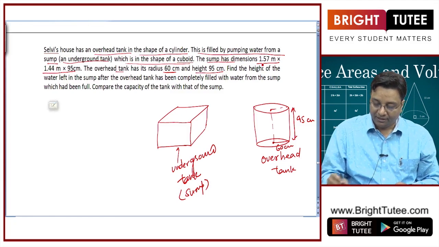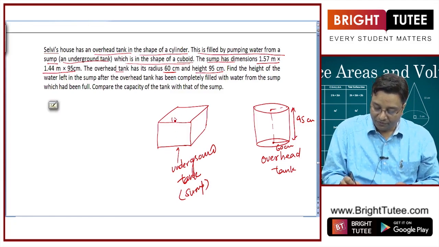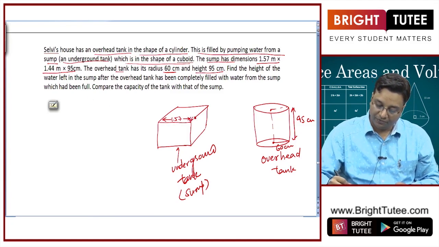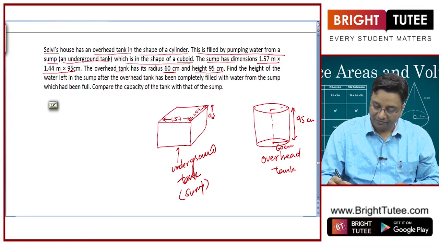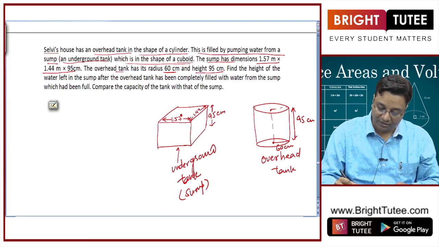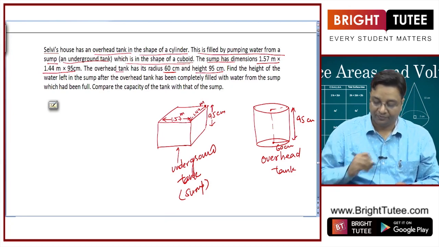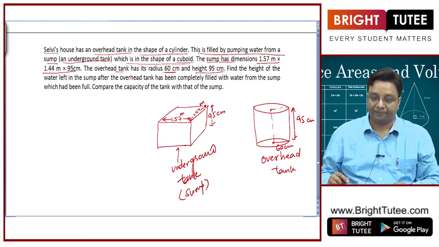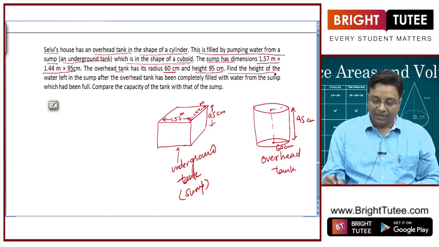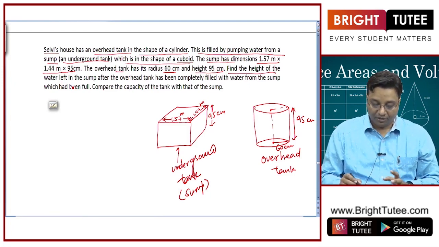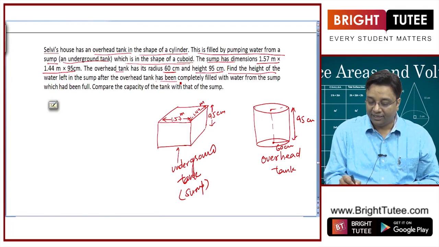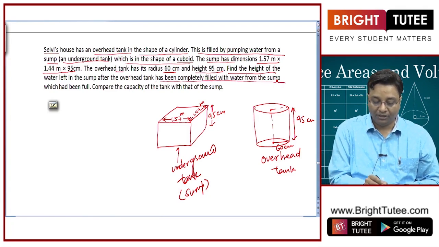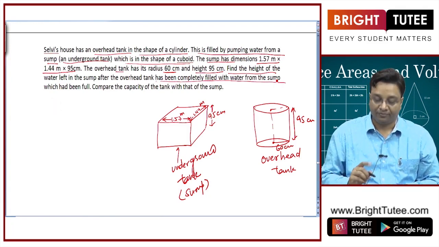And these dimensions are 1.57, 1.44 and 95 centimeter. This 1.57 and 1.44 is in meter. Please take care of the dimensions here. Find the height of the water left in the sump after the overhead tank has been completely filled with water from the sump which had been full.